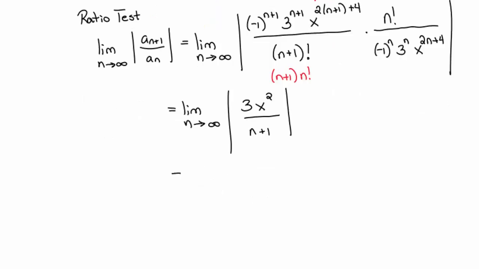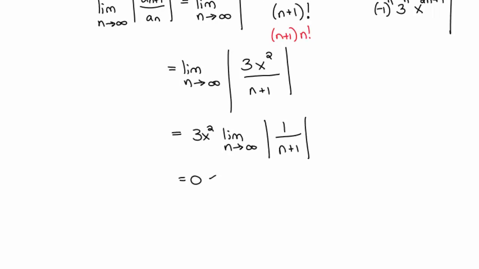And finally, the 3x squared can be pulled out front. You don't need absolute values on that because it's already positive. And you have the limit as n goes to infinity of the absolute value of 1 over n plus 1, which technically you don't need the absolute values on either because it's already positive. But that limit will be 0 no matter what x is. So that's always 0, which is always less than 1.